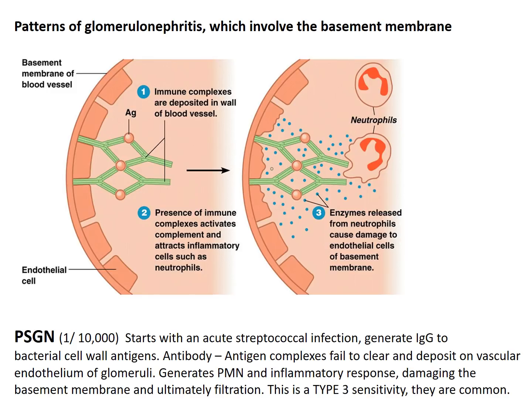Okay, so two patterns we're going to look at. Let's look at post-streptococcal glomerulonephritis. An individual gets a streptococcal infection, strep throat, or strep cellulitis. You generate IgG antibodies to the bacteria.